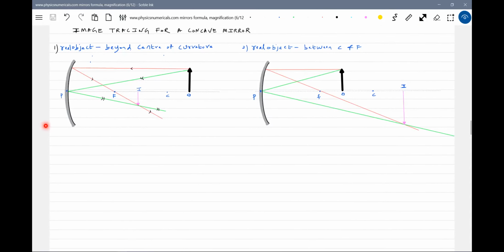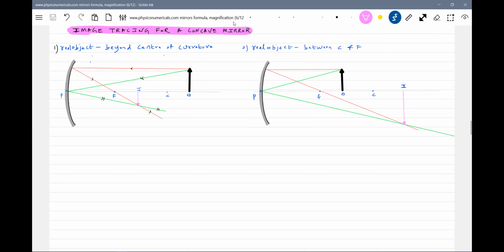I'll keep an object at a certain distance, and where the image will be, I have this mirror formula, and also by ray diagram I'm going to show it. I think this will be a very fundamental thing. Let me consider a concave mirror.